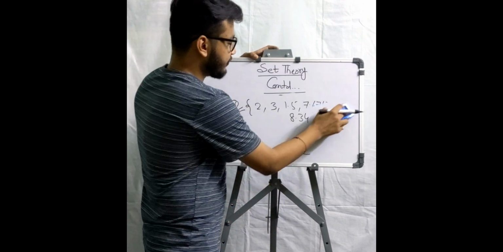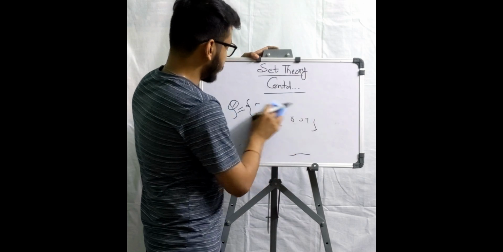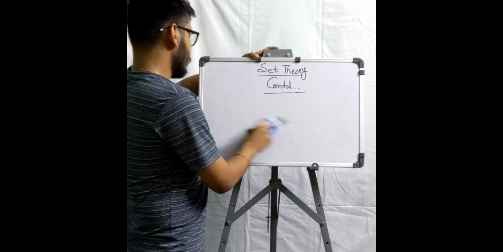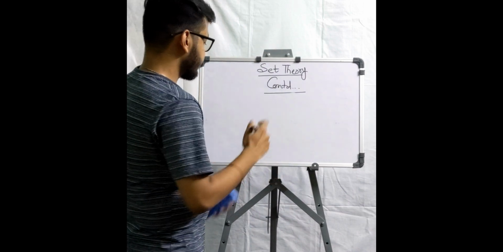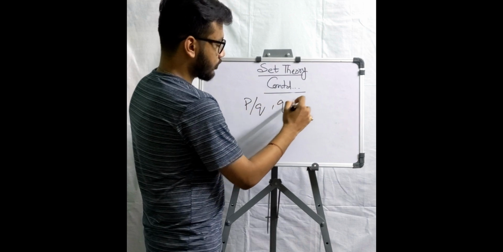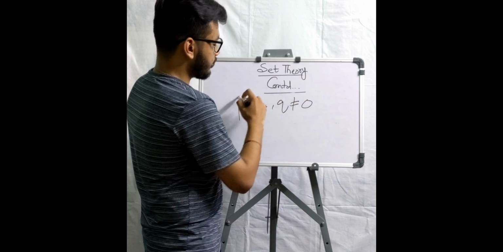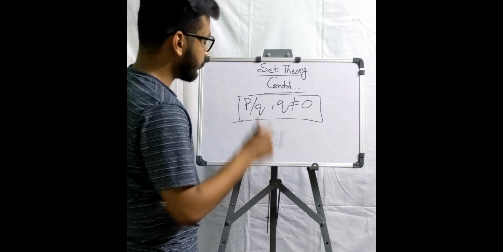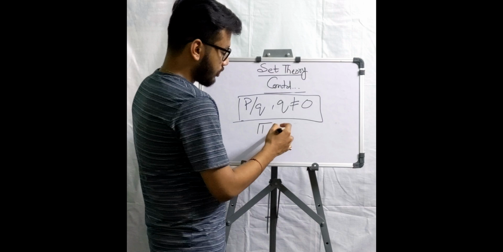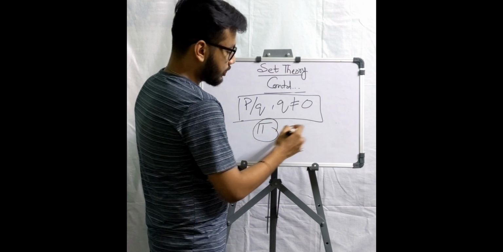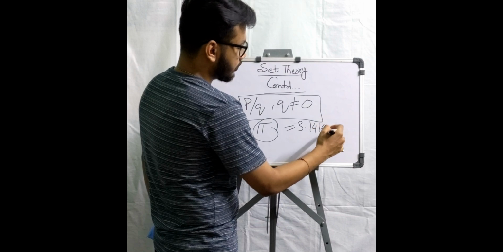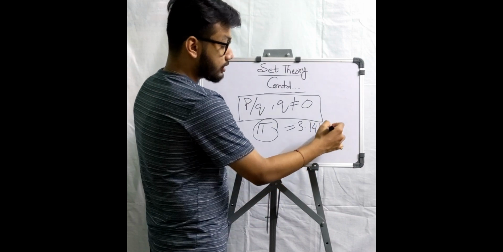Now, what is the difference between a rational number and an irrational number? An irrational number cannot be written in the form of a rational number. For example, a number like pi is an irrational number. Why? Because its value is 3.1416 and it continues in this way, and it is not recurring.